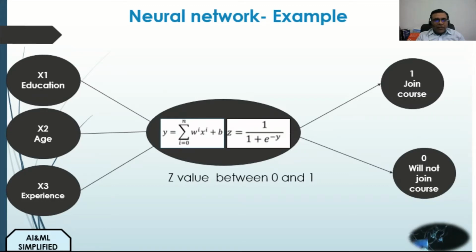And to determine that, we developed an ML model where we created a very simple neural network having 3 input nodes which provide the information about prospects' education, age and experience, and these were combined using weights W1, W2, W3, and they were passed on to the next node.